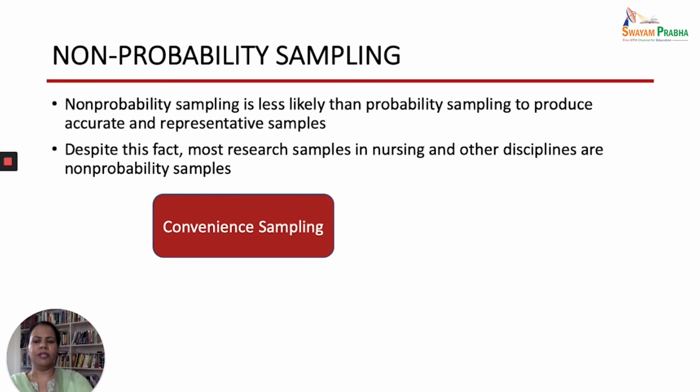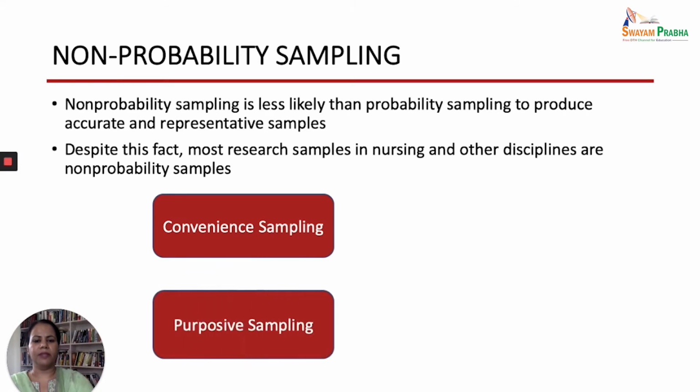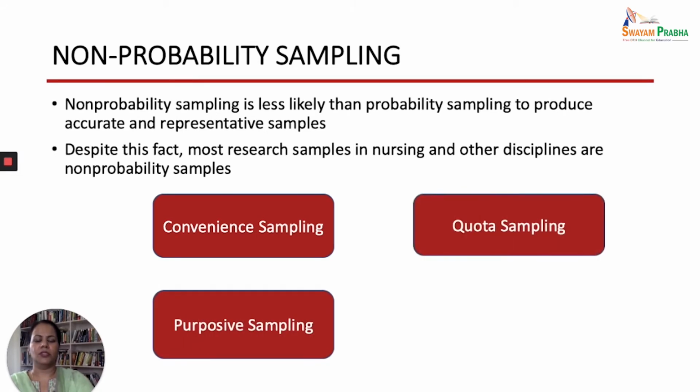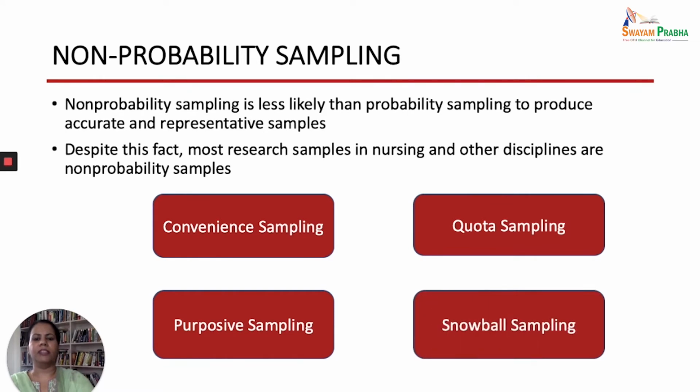There are different types of non-probability sampling. The first one is convenience sampling, then purposive sampling, then quota sampling, and the last one is snowball sampling. We will be discussing these non-probability sampling techniques in detail.